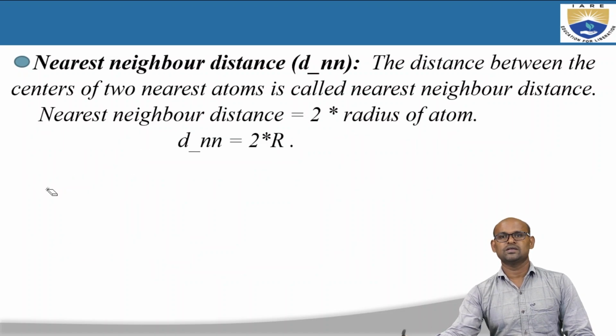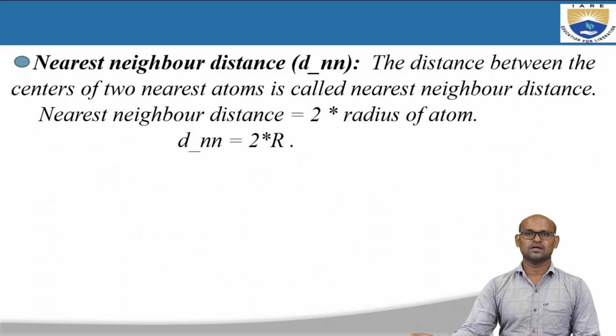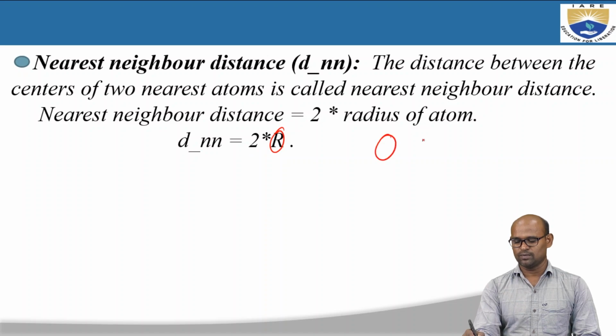The nearest neighbor distance is the distance between the centers of two nearest neighbor atoms, and we can obtain the nearest neighbor distance as 2 into radius of atom. If you know the radius of atom, multiply this radius with 2, then we find the nearest neighbor distance.